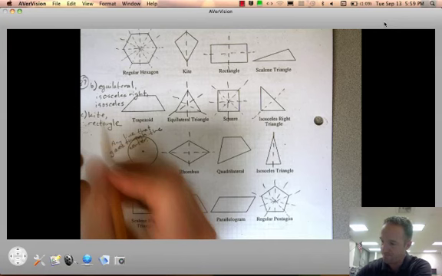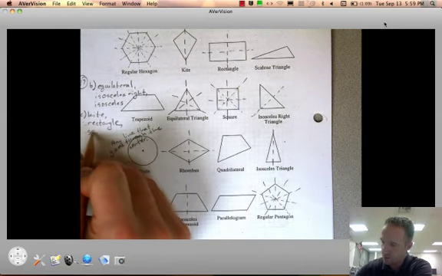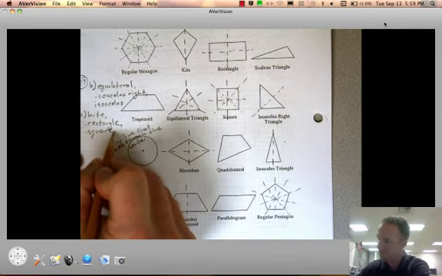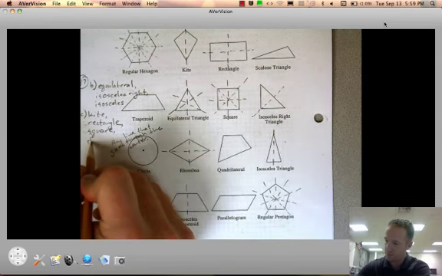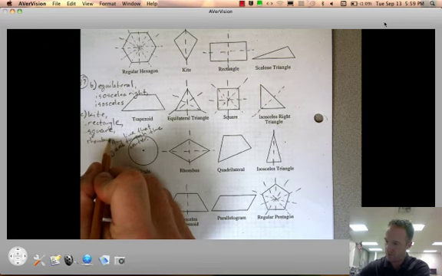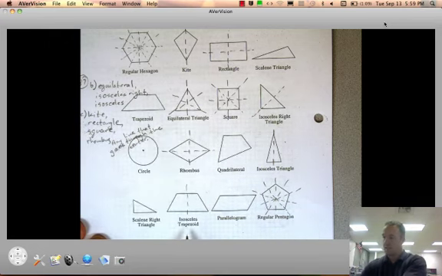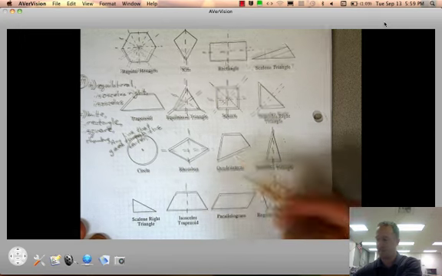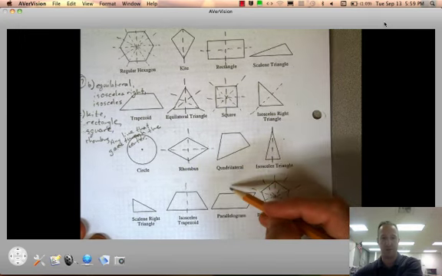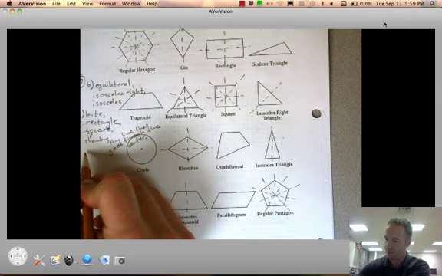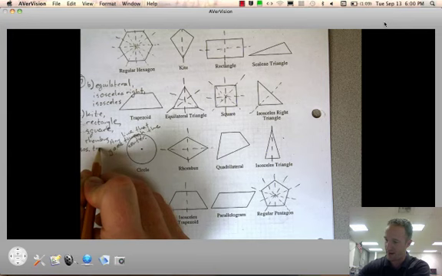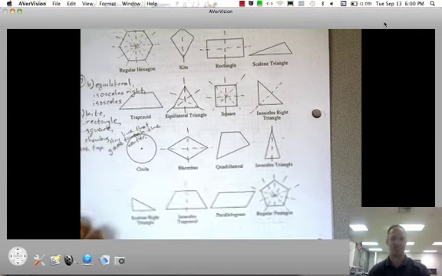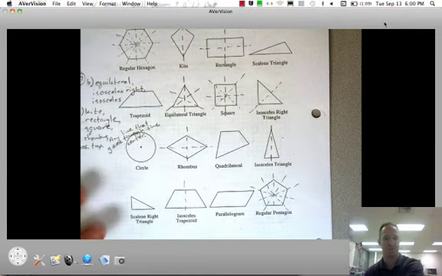Square does. So let's put the square. The rhombus does. The isosceles trapezoid does. And these two, the quadrilateral and the parallelogram, do not. So let's put, I'm going to abbreviate that, isosceles trapezoid does have reflection symmetry.